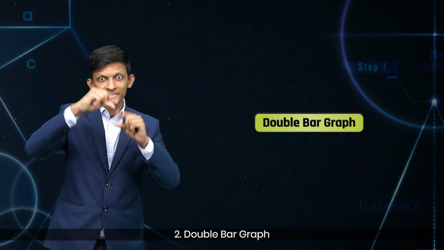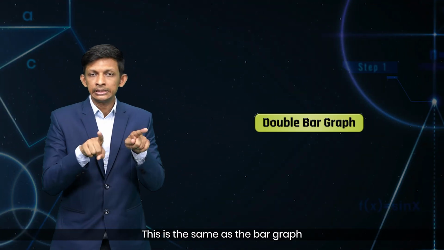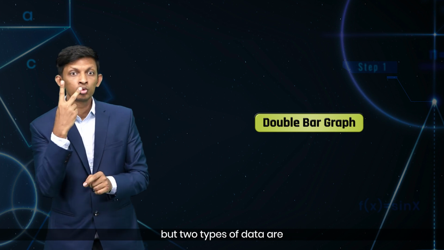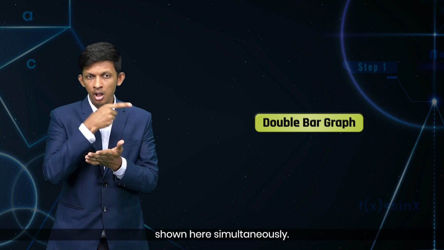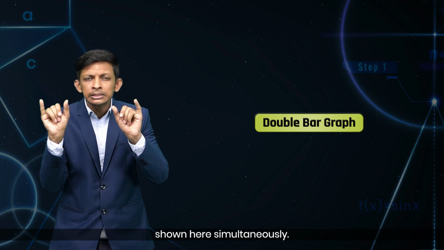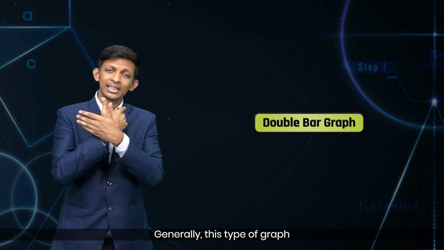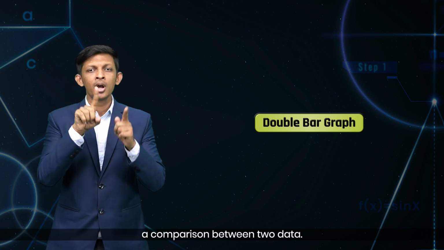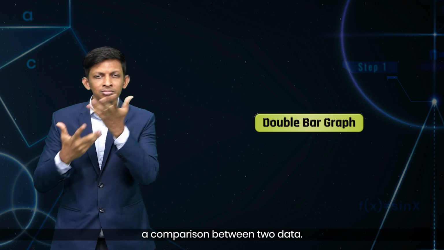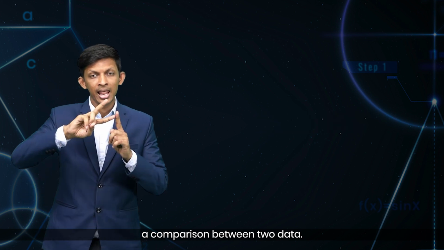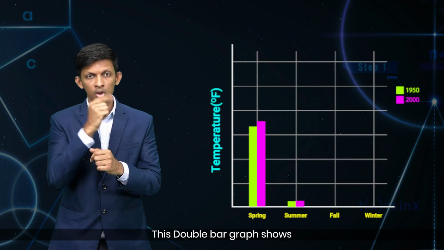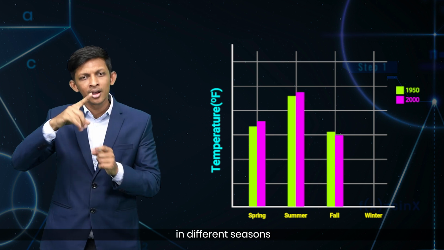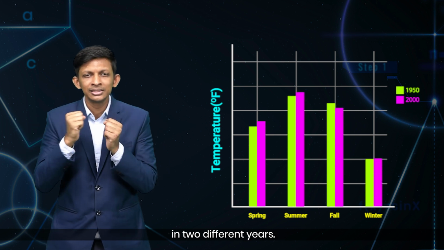Double bar graph. This is the same as the bar graph, but two types of data are shown here simultaneously. Generally, this type of graph is used to show a comparison between two data. This double bar graph shows the average temperature in different seasons in two different years.